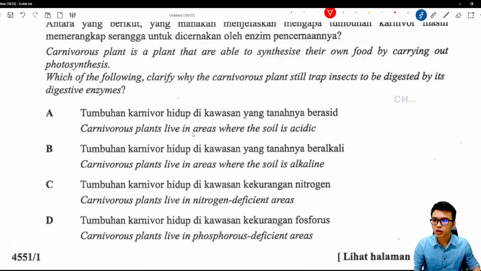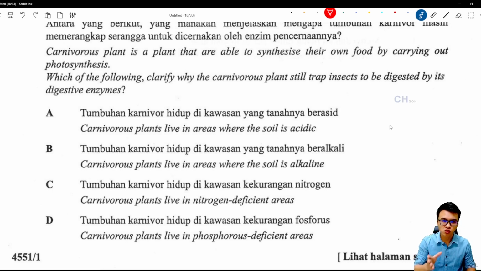Okay, question 24. Carnivorous plants are plants that are able to synthesize their own food by carrying out photosynthesis. Which of the following clarifies why carnivorous plants trap insects to be digested by their digestive enzymes? This question is quite popular, because I've seen this kind of question many times already. Why do carnivorous plants need to eat insects?